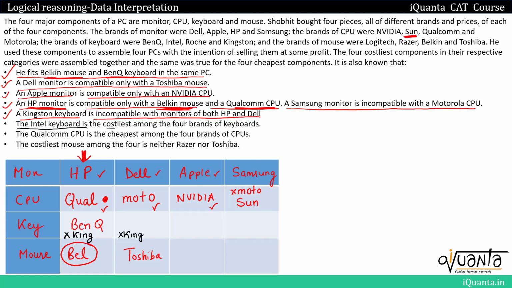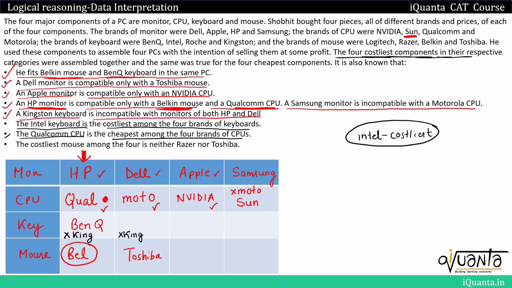Then let us read the next clue. The Intel keyboard is the costliest among the 4 brands of keyboards. So we have just been told that Intel is the costliest keyboard, but we still don't know where to put Intel's keyboard, so let us keep it on hold for now. Then the next clue is the Qualcomm CPU is the cheapest among the 4 brands of CPUs, and we were told that the 4 costliest components in their respective categories were assembled together, and the same was true for the 4 cheapest components.